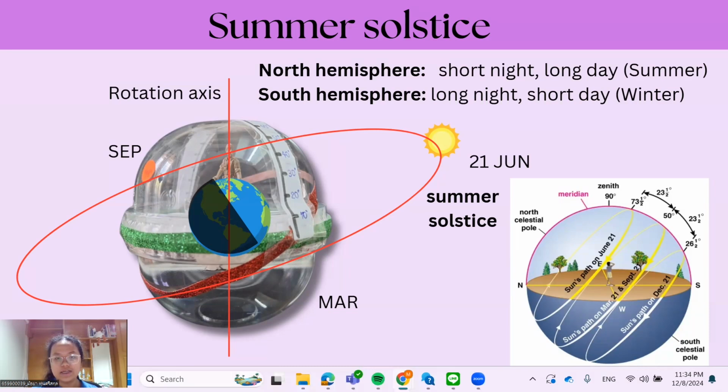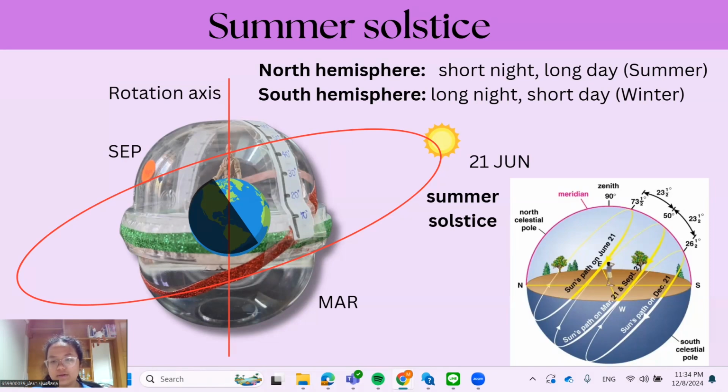The sun is located higher in the northern hemisphere, so the rising position of the sun is also near the north direction, as you can see in the right picture.